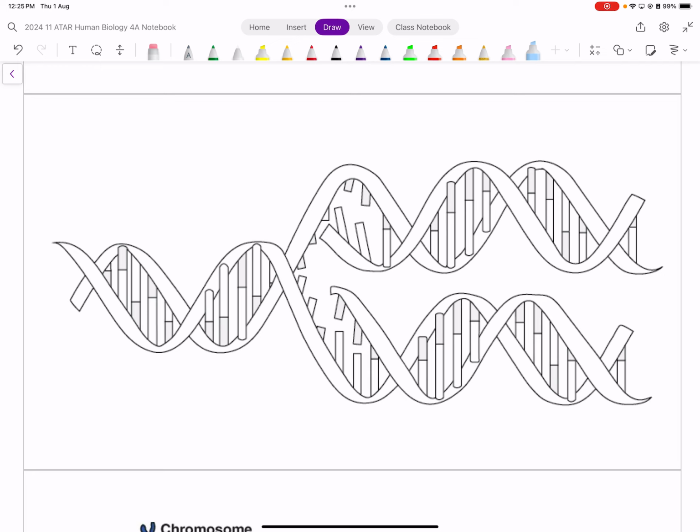What I'm going to do is I'm going to draw my original strands, and I'm just going to follow the sugar phosphate backbone all the way through to the end. So if I start on the left-hand side here and I just follow this particular strand, and I follow it into this spot where it is replicating, you'll see that one strand of our DNA continues all the way into our new strand.